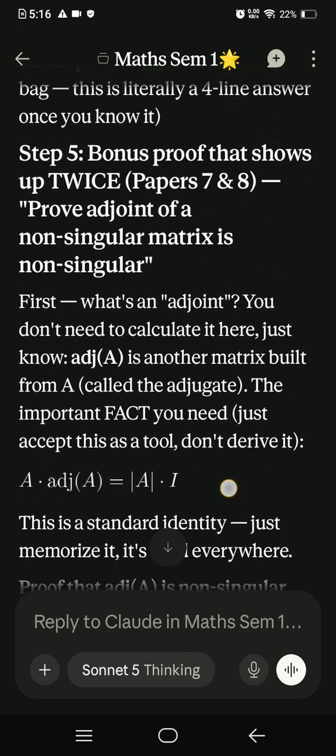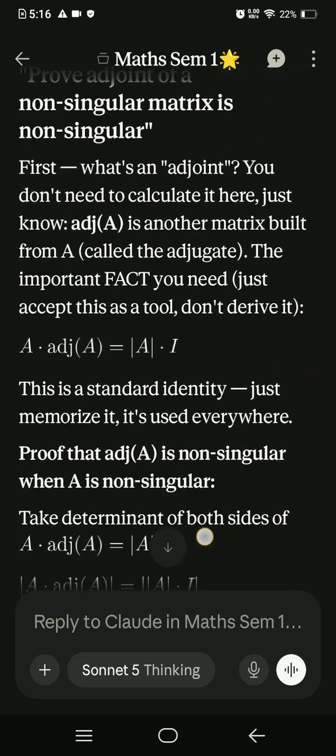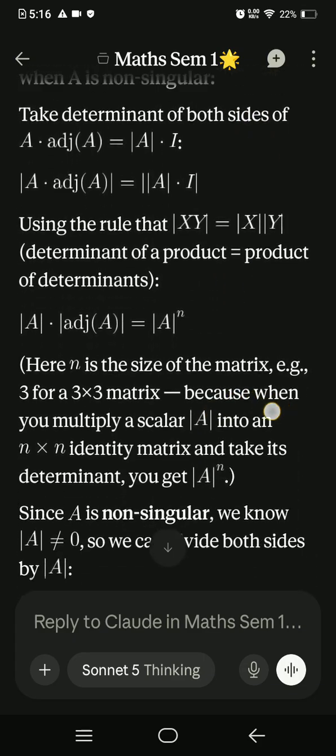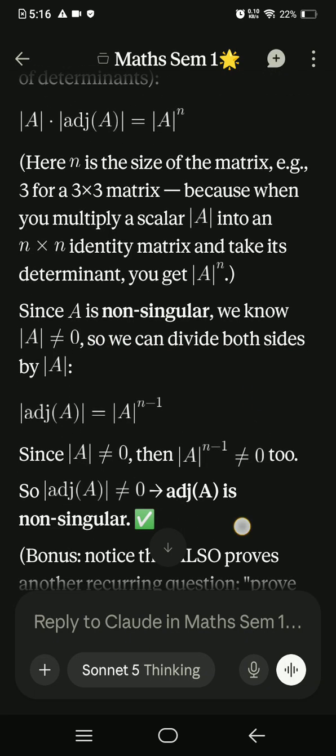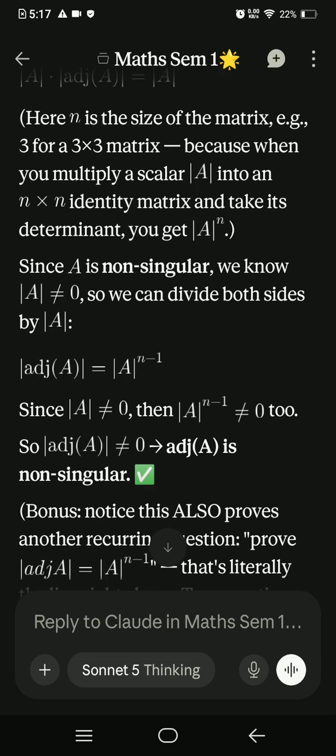Prove the adjoint of a non-singular matrix is non-singular. So we are considering A to be non-singular, so that is why this is not equal to 0, so we can divide both sides by this determinant of A. Since the determinant of A is not equal to 0, then this is also not equal to 0.